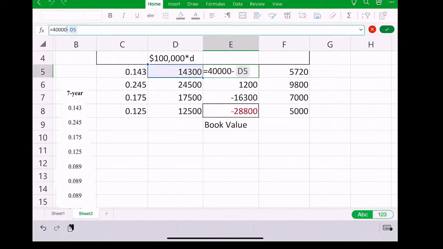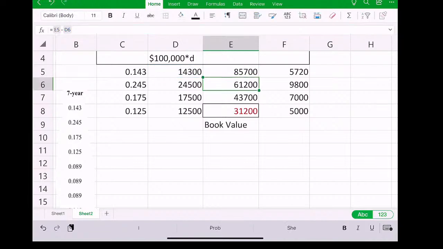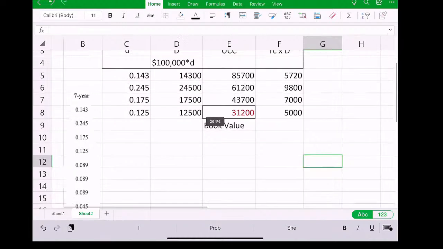This has to change, then that'll be fine. There you go. So that's my table. Any questions?